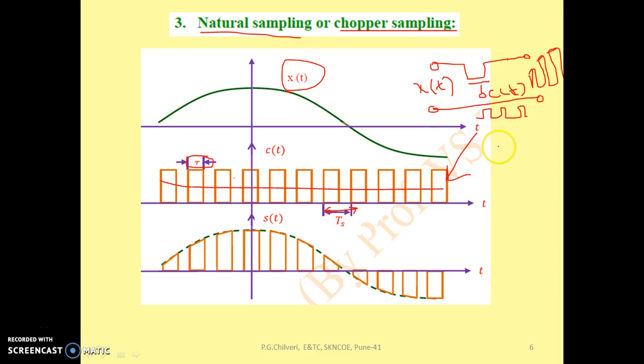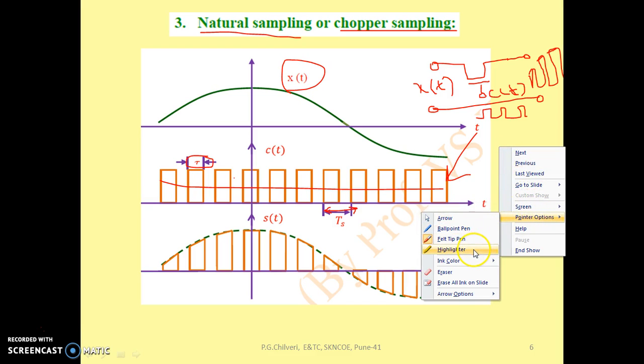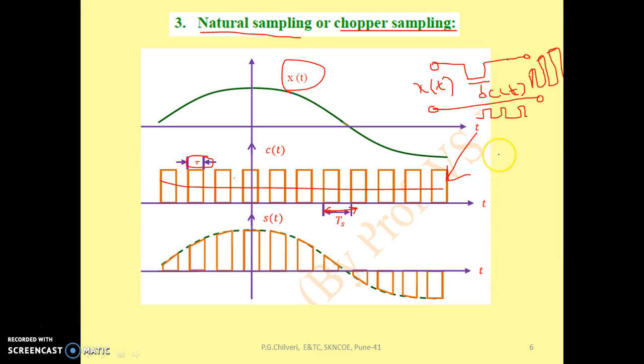So the transistor is turned on and off. The transistor will turn on and off at the rate of Ts. The transistor will be turned on for the pulse duration, that is tau, and it will turn off during the off period between the two samples, and in that period when the transistor is turned on, your input signal x of t is available at the output.